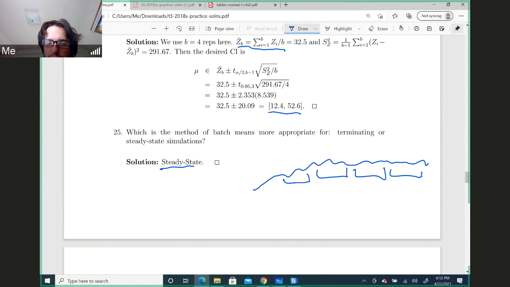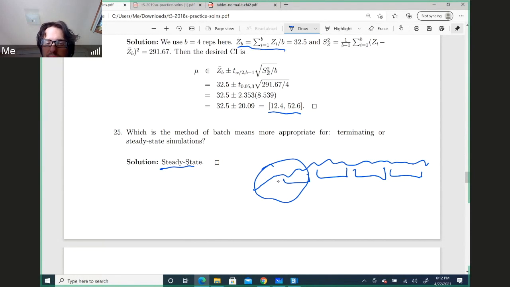And of course, if you are doing a terminating simulation, it's more likely that you end up with data that's in this not fully stable period.